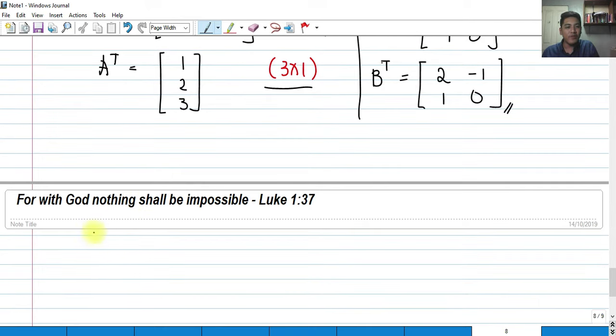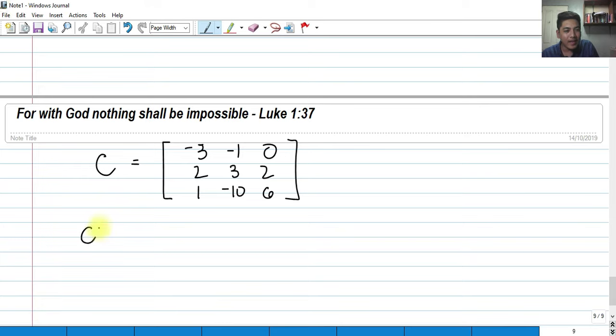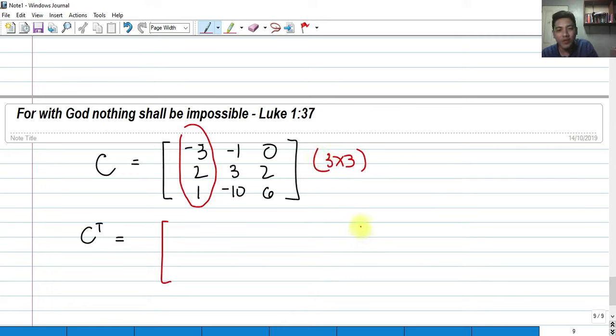Another example, if we are given a matrix C, we are asked to find the transpose of matrix C, in a 3 by 3 manner. So again, C transpose. What we are going to do is this column will become rows. If we transpose this 3 by 3, interchange the number of rows and columns, that is still equivalent to a 3 by 3 matrix.